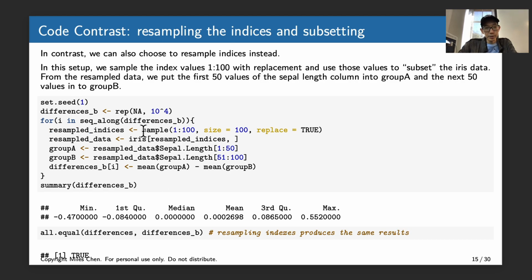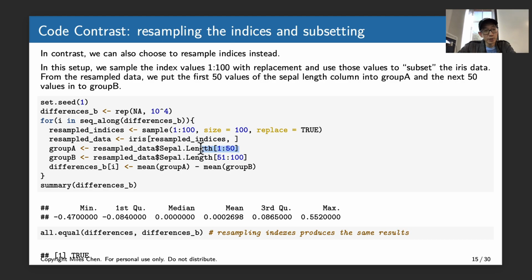I'm going to sample the integers 1 through 100 with replacement. I want 100 values from the integers 1 through 100 with replacement. Now that I have my resampled indices, I'm going to subset the original iris data using them. So I'm going to do iris, square bracket, resampled indices, comma, to indicate that I want to select my rows using my resampled indices.